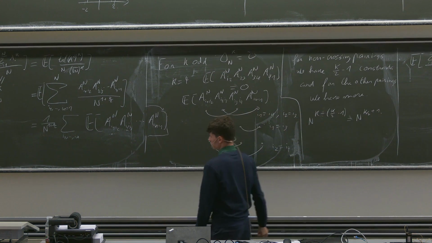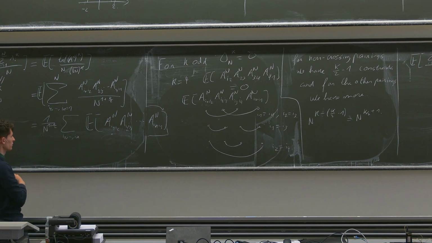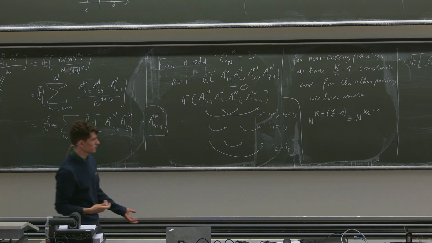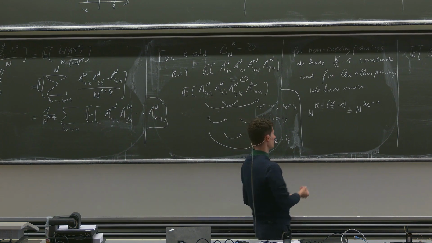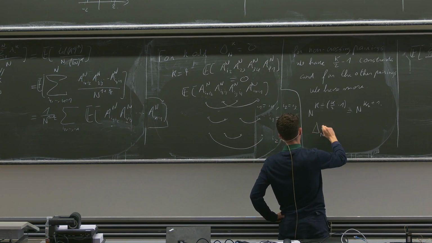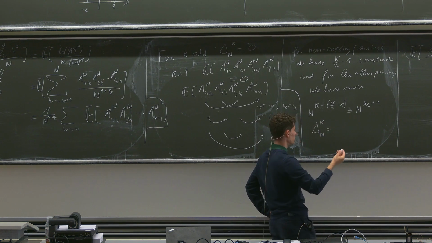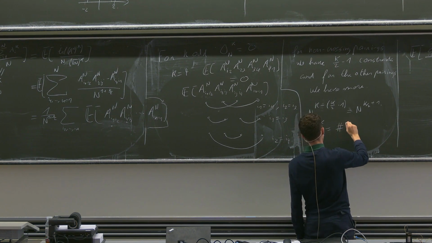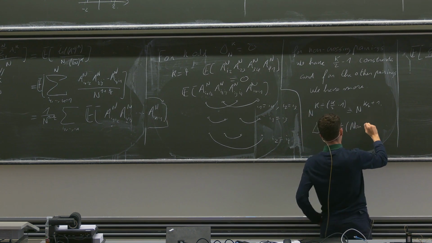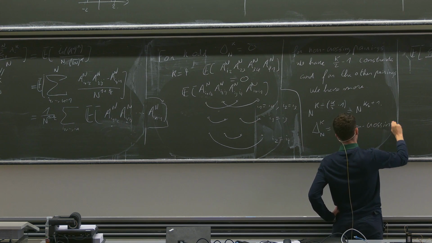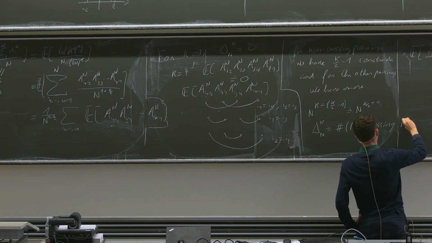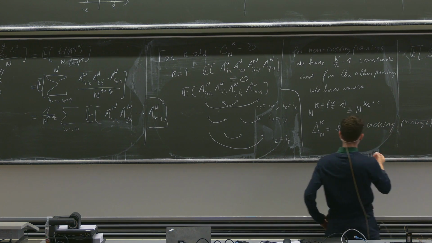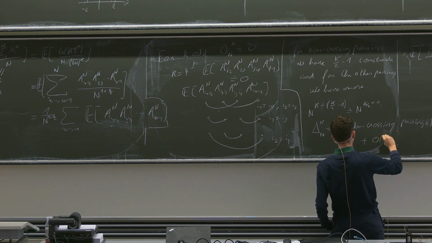Since you're dividing by this, the leading term of this big sum is only going to be the non-crossing pairings. So then delta nk is equal to the number of non-crossing pairings plus a big O of 1 over n.